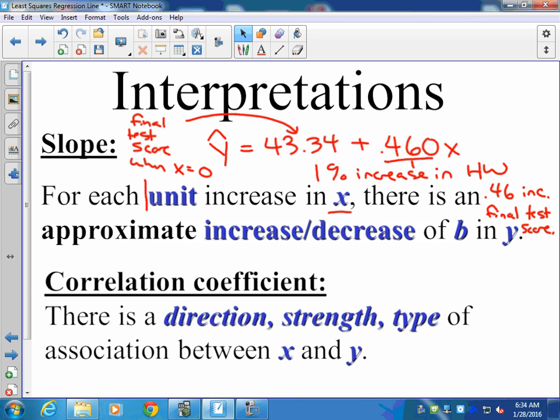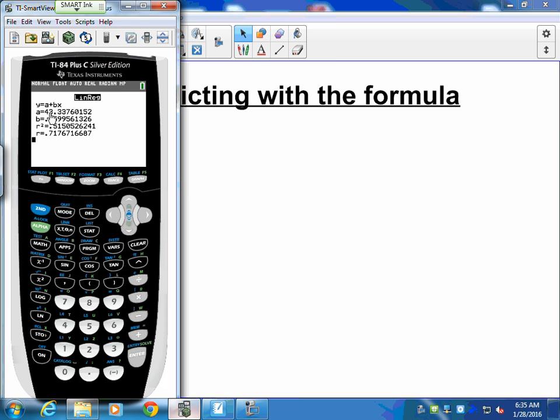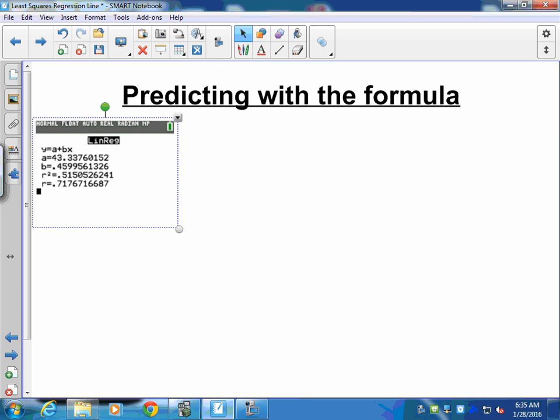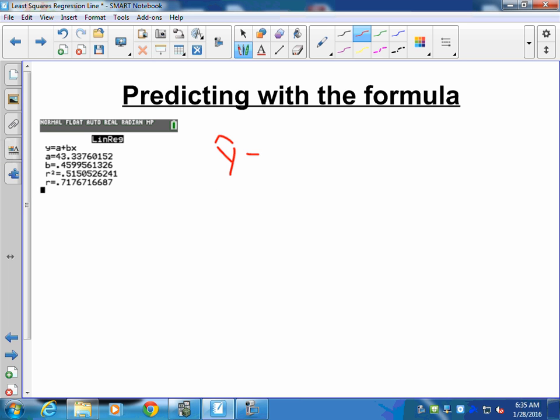Remember, we have our correlation coefficient, our R value, which is direction and strength of the values. But now, what if we want to predict with our formula? We're going to pull our formula again off of the calculator, and as soon as we get our equation, we're going to do some predictions with it based on scenarios.